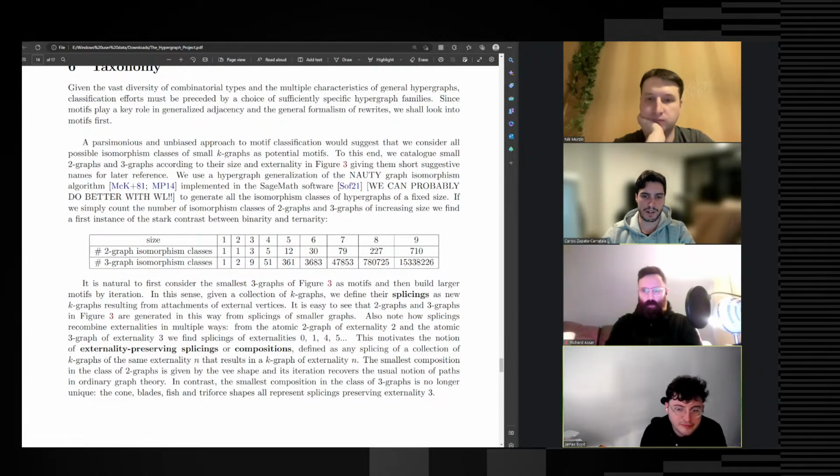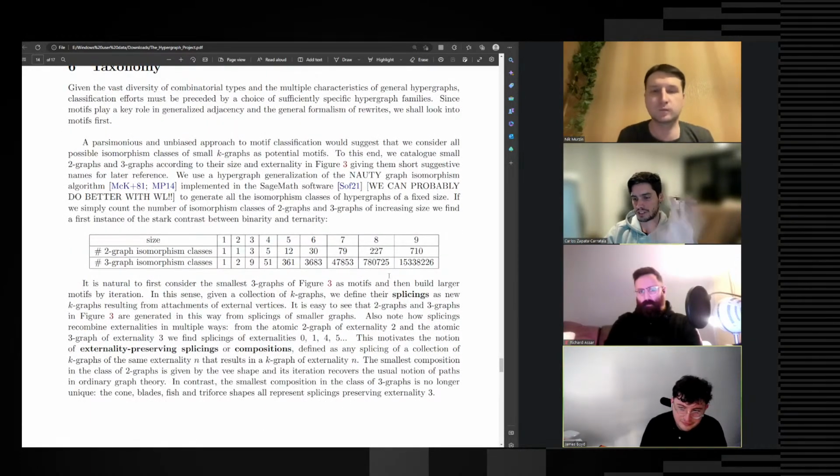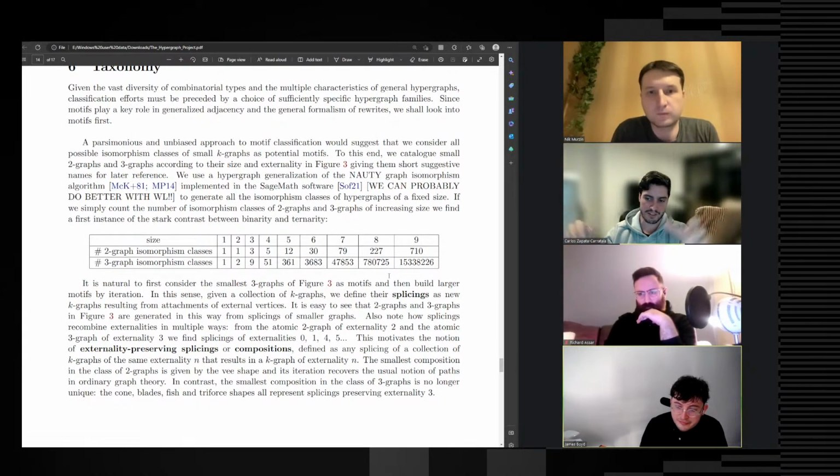Some combinatorial people, friends of mine, have looked at the problem of generating these sequences. The sequences didn't exist in the sequence repository, so it's a fun fact that no sequence of these numbers has been submitted. Just to give context for why I include this example, these numbers are the numbers of motifs essentially, because these are 2 and 3 graphs, so binary and ternary motifs, order 2 or order 3.